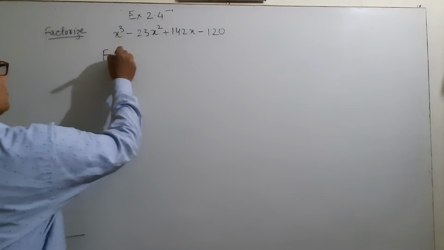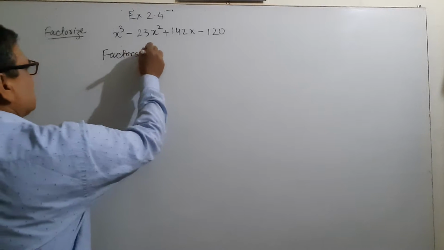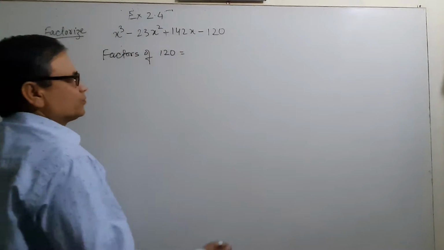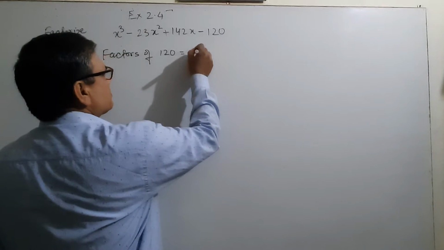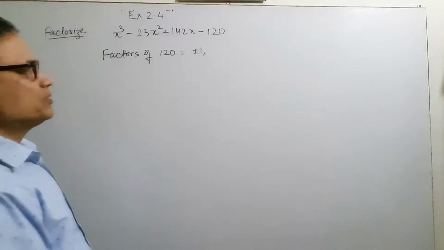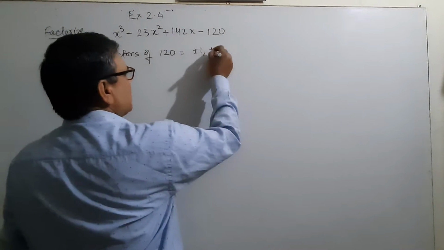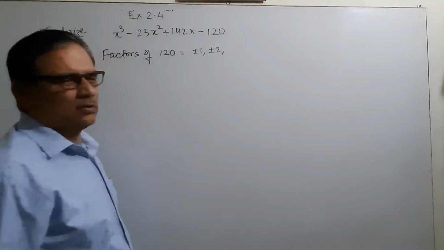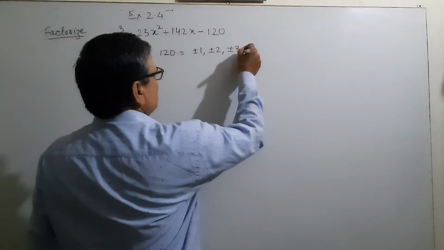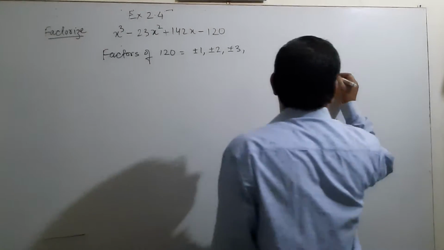Factors of 120: plus minus 1. This is divisible by 1. It is divisible by 2, that means plus minus 2. That is divisible by 3, plus minus 3, and so on. How do we make the factors first?